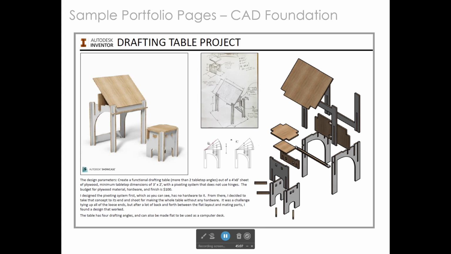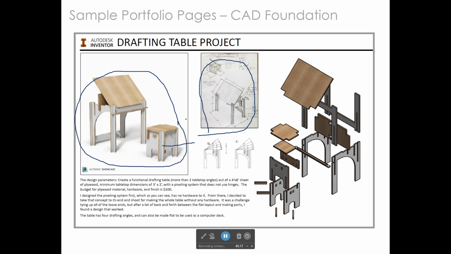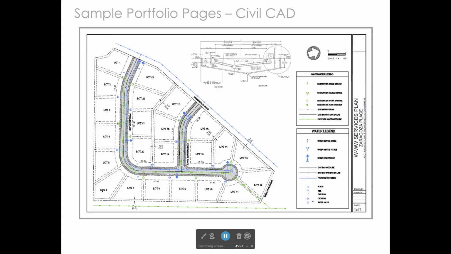So that begins by making sketches. Here are the sketches that the student was making. And then eventually they create their design, create a 3D model of it in Inventor, and then they create each of the separate parts and put the whole thing together. So that gives you an idea of what you do in 1433.